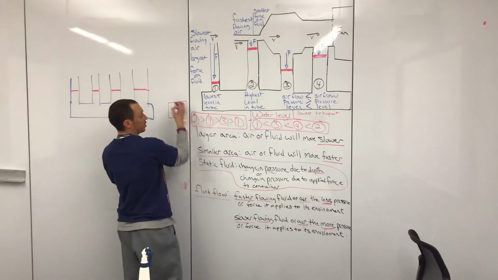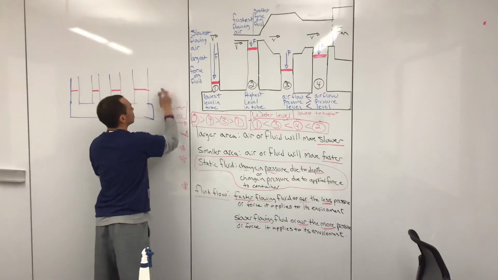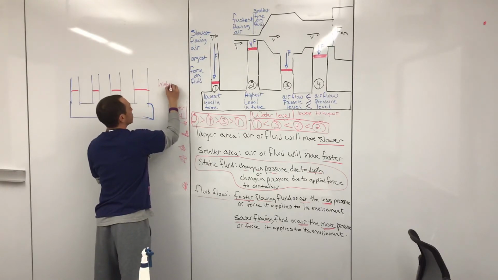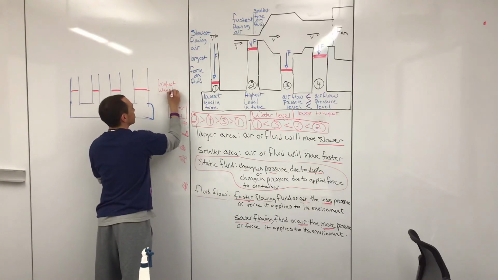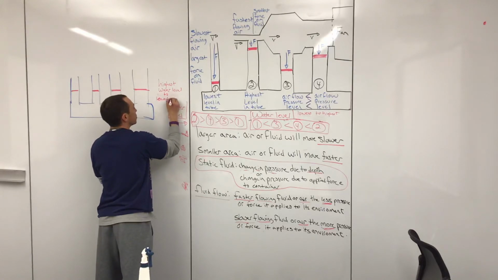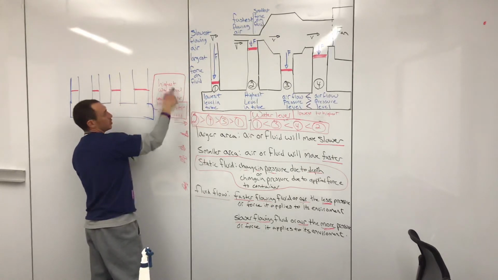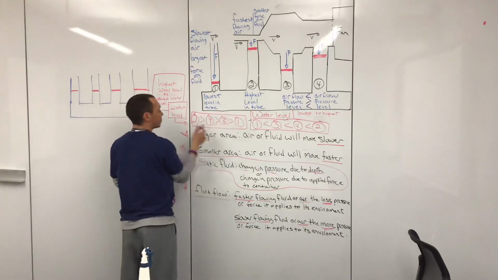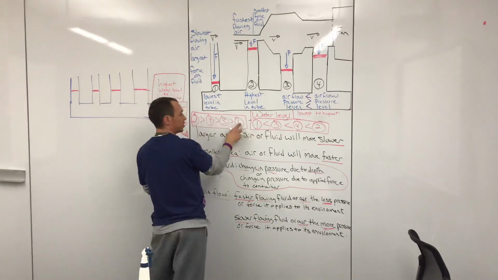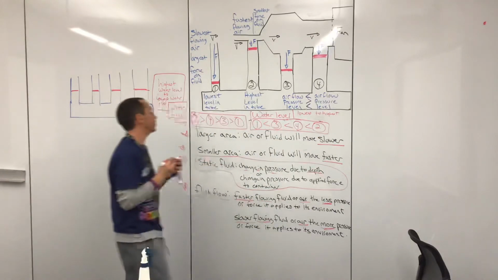Or this one's labeling, right, from highest water level to lowest. So this one's doing highest water level to lowest water level, right? 2's the highest, 1's the lowest. This one's looking at it the opposite way, from lowest water level to highest water level.